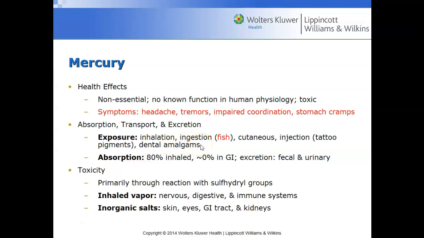It could be in manufacturing plants. But for most of us, we are worried about the amount of fish that we ingest. That's important, especially for pregnant women. That's why they can't eat more than a limited amount of tuna fish during their pregnancy. The symptoms will be headaches, tremors, impaired coordination, and stomach cramps again.